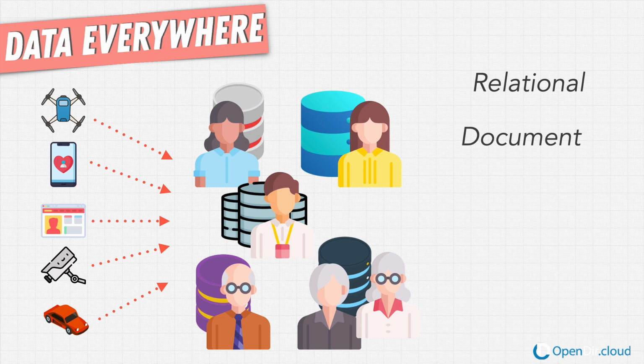Next is a document model. For document model databases, you may have heard of things like MongoDB, CouchDB, or Firebase. They use what's called a document model. In this case, data is almost in a document. Rather than rows and columns like we saw in the Amazon exercise, these databases are usually a big document that contains a ton of related information together.